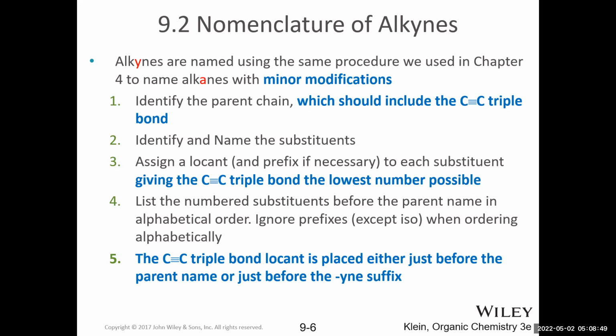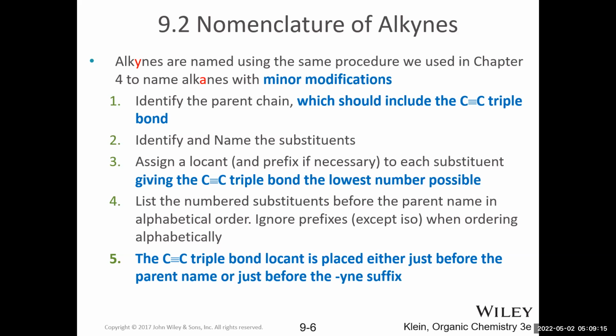So it's the same procedure with minor modifications. Of course, we want to first identify the parent chain, which should include the carbon-carbon triple bond in the case of an alkyne, because that alkyne is a functional group that has priority, and therefore we need to include that triple bond in the parent.